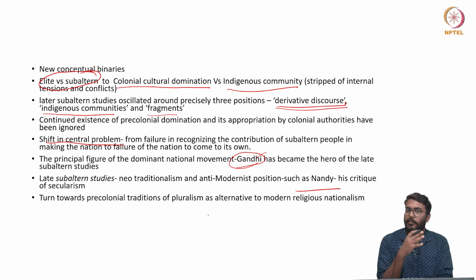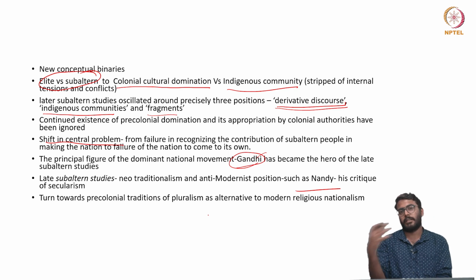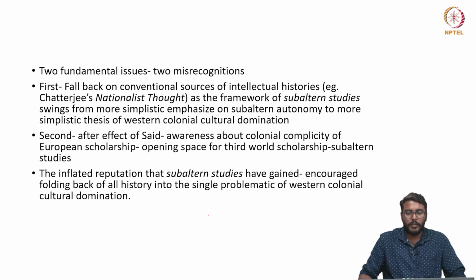Subaltern Studies, from being a dissenting voice within Marxism, has become an anti-modernist project in itself. That is where people like Ashis Nandy have been welcomed or made alliances with Subaltern Studies scholarship. And he says there are two misrecognitions that need to be looked at on the later trajectory of Subaltern Studies.